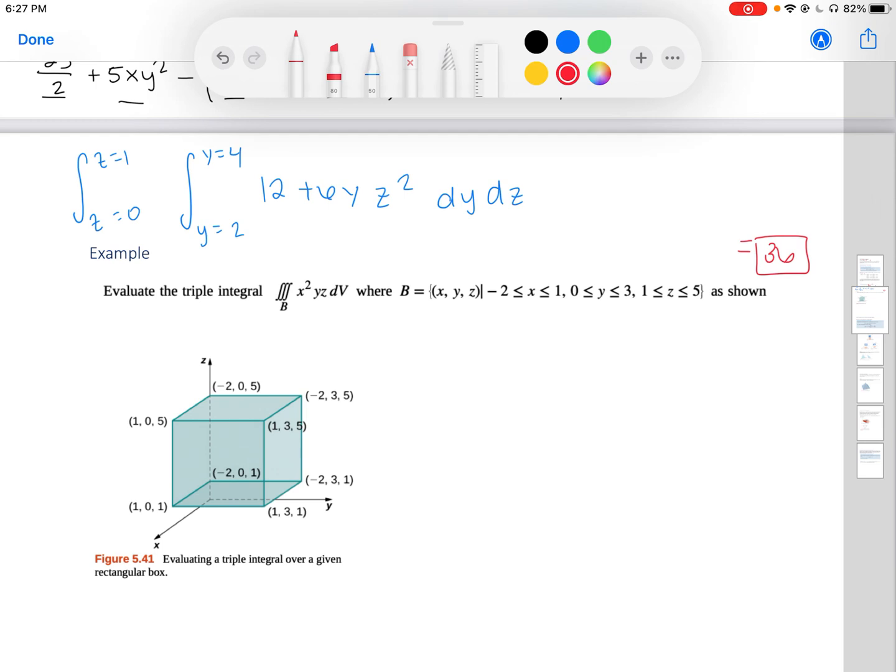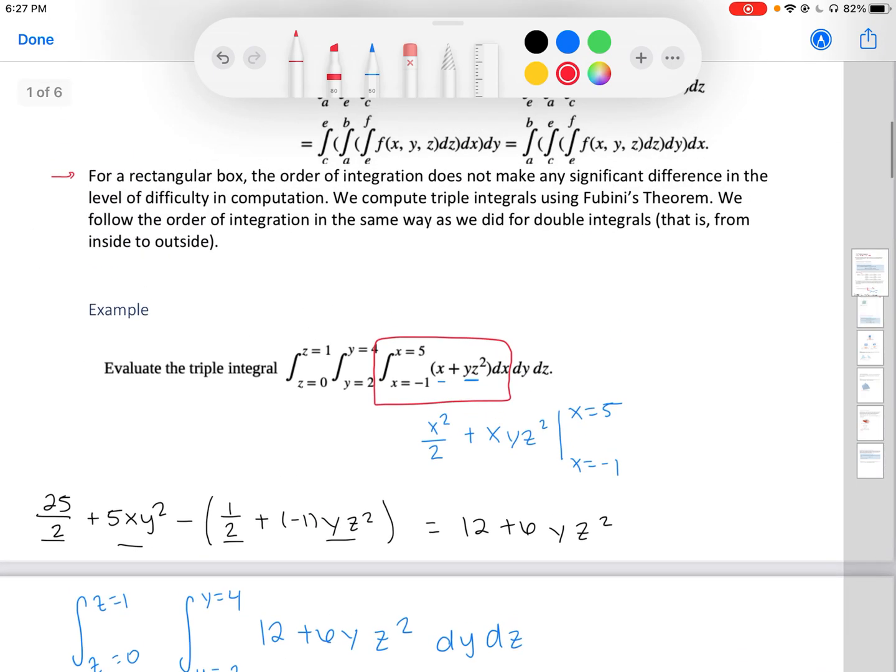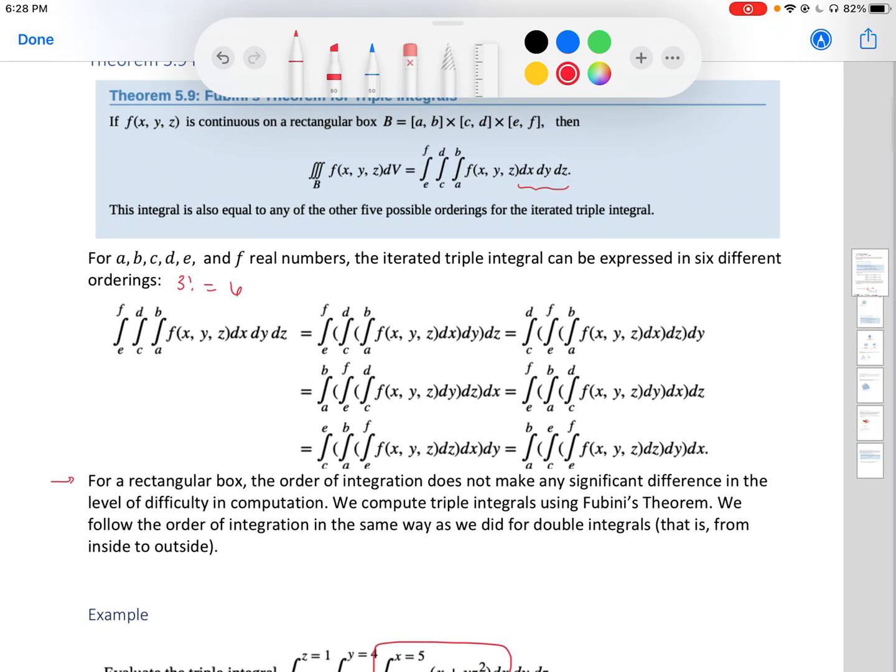All right, before we go into the next example, I want to make a quick note. As you can see, you have many different ways to integrate. You have 6 different options. My advice is, if possible, get rid of z first, meaning do z first.